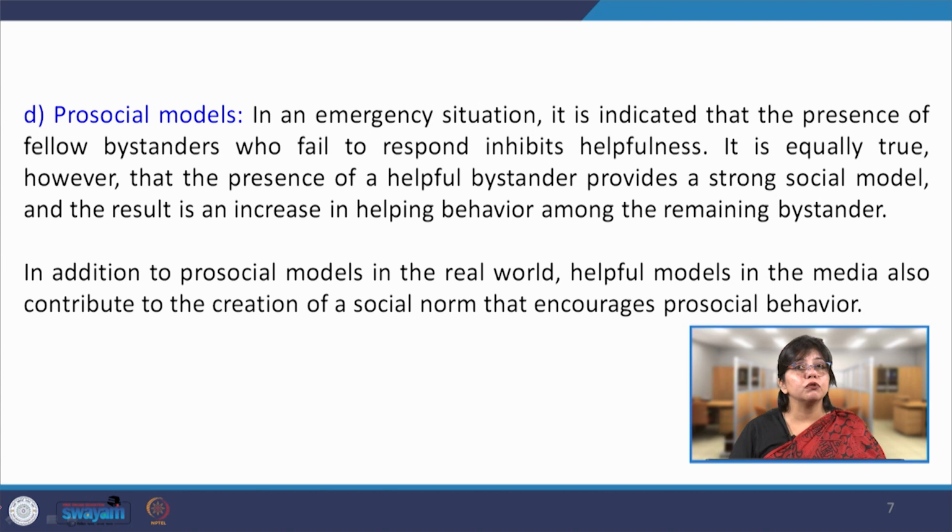In addition to bystanders as prosocial models, helpful models in the media also contribute to the creation of a social norm that encourages prosocial behavior. For example, any celebrity who advertises or models some kind of prosocial behavior in society tends to become a strong social model to actually market prosociality.